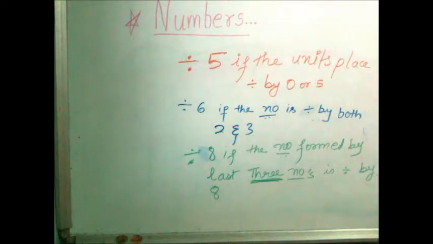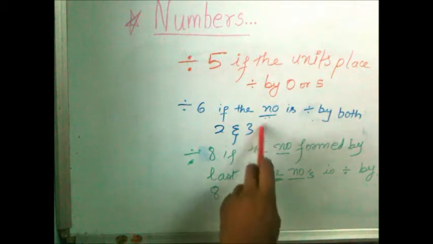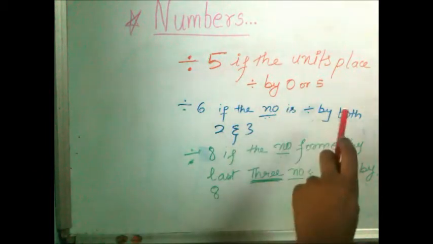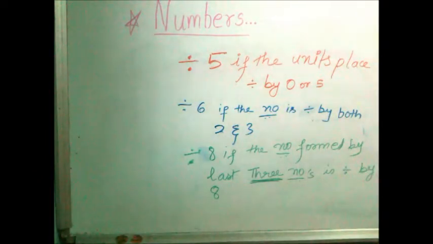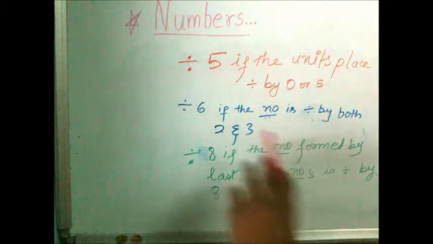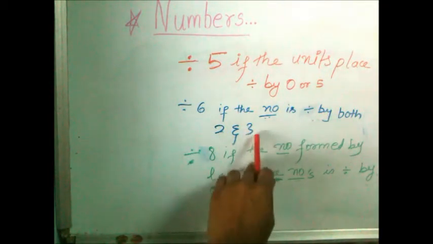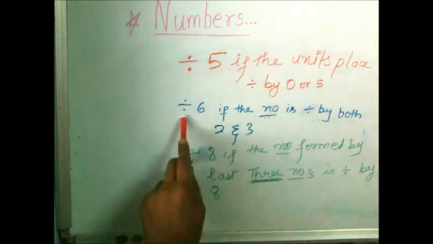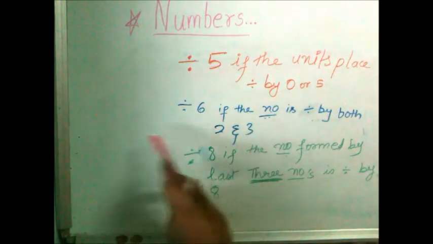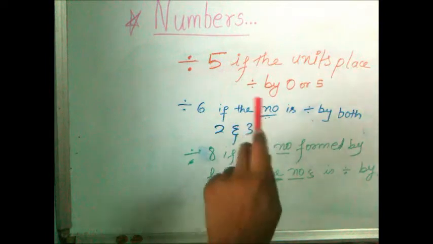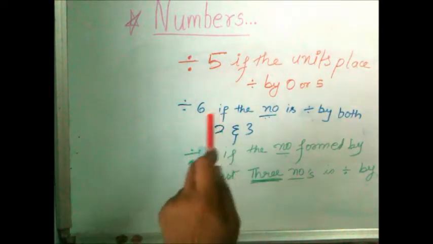We check whether the units place is divisible by 2, and for 3 we add all the digits; if the sum is divisible by 3, then the number is divisible by 3. For 6, both should hold.